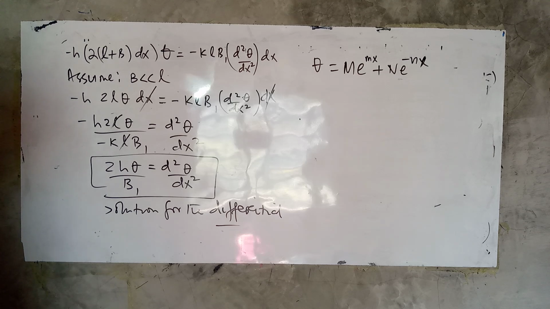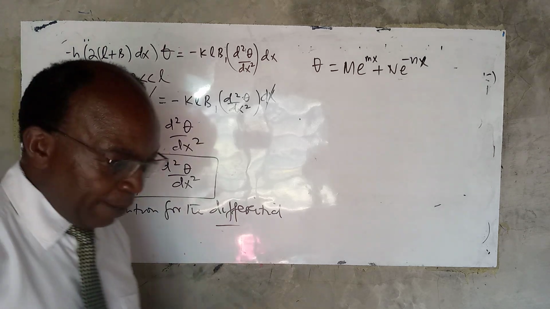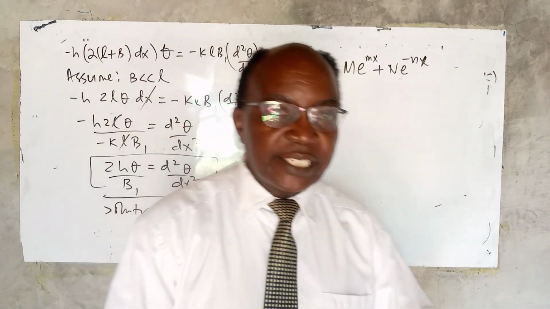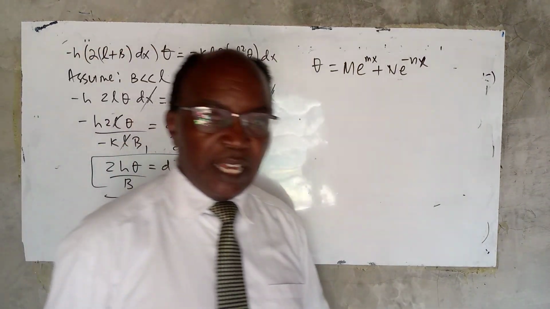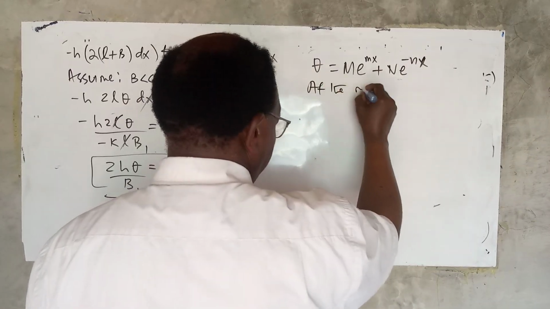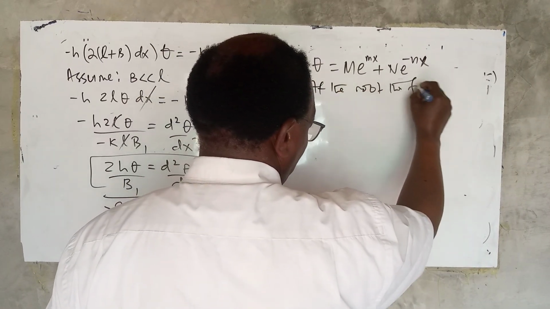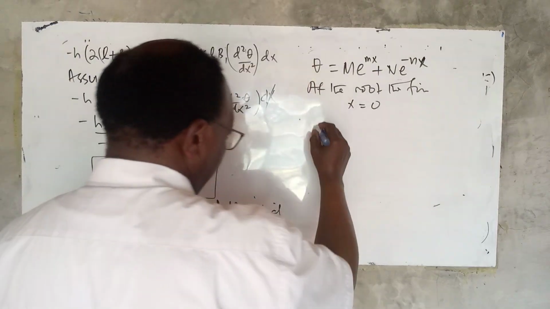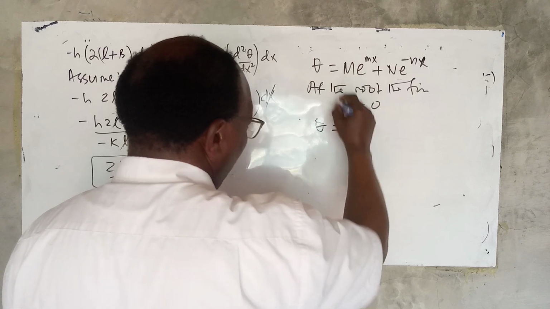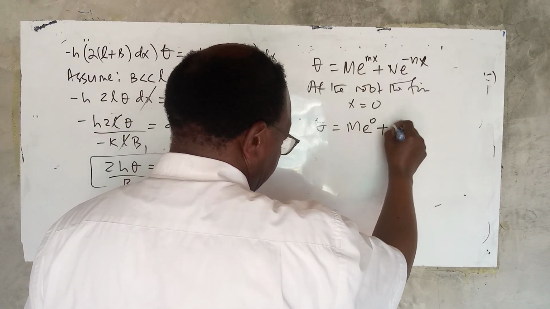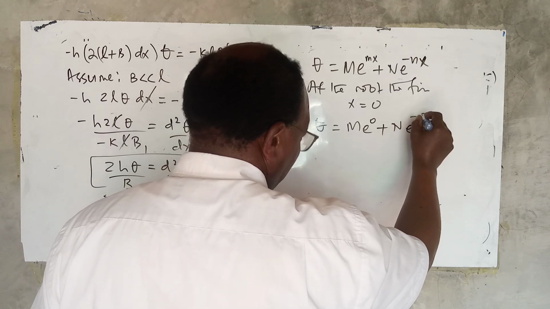That is the general solution. If we take the boundary conditions, say at the root of the fin, x is equal to 0, then theta will be equal to m e to the 0 plus n e to the 0.